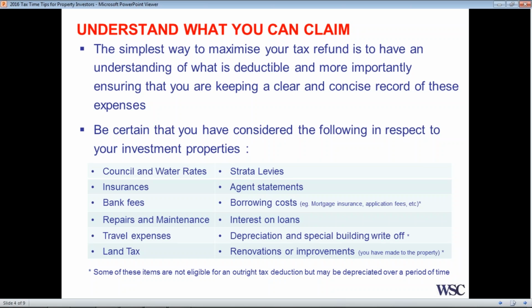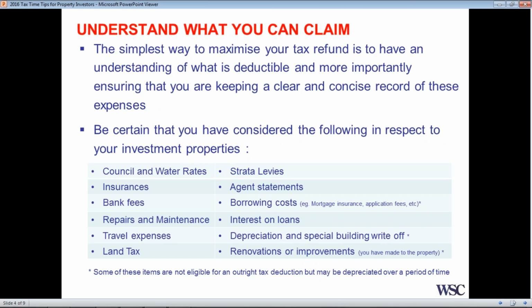Also depreciation, you can see there your depreciation and special building write-off. Some of these items aren't eligible for an outright deduction, but can be depreciated over time. Of course, there are also some other deductible costs, the dreaded land tax that state governments impose, which is probably another topic in itself. But if you pay land tax, you would certainly get a deduction for it.